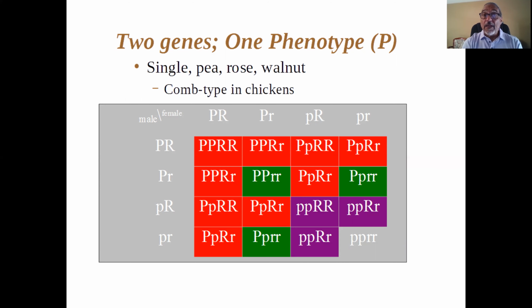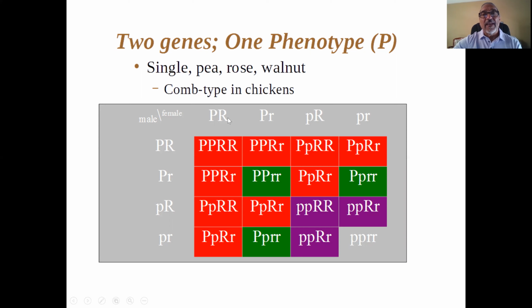In order to have a P comb chicken, we must have a dominant P and a homozygous recessive R. In order to have a rose comb chicken, we need to have a homozygous recessive P and a dominant R. And a walnut or pincushion type chicken has to have both a dominant P and a dominant R. So you can see in a situation here, first thing you have to do is make your gametes.